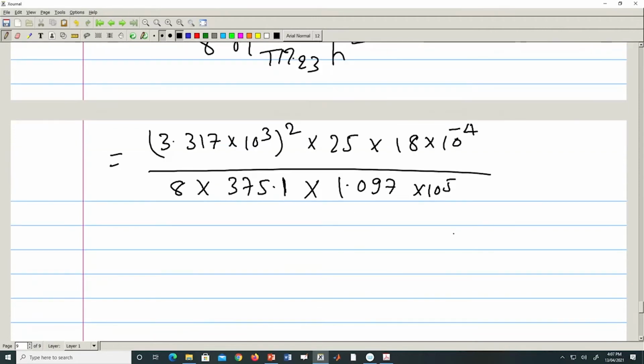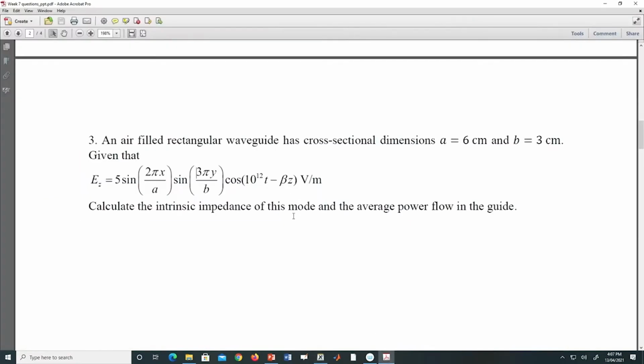This will come 1.502 milliwatt. So, this is the final answer for the second part, the average power flow in the guide. So, the average power flow is 1.502 milliwatt.